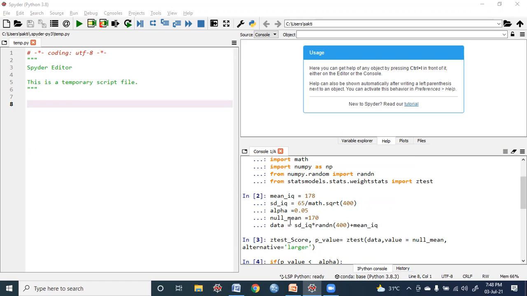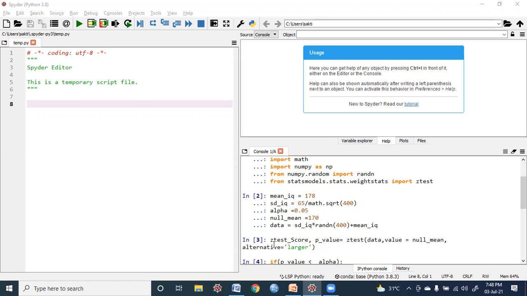Then I have the null mean, that is the null hypothesis population mean, equal to 170. After which I am assigning SD IQ multiplied by random of 400 plus mean IQ to a variable called data, which I have to supply in the formula.